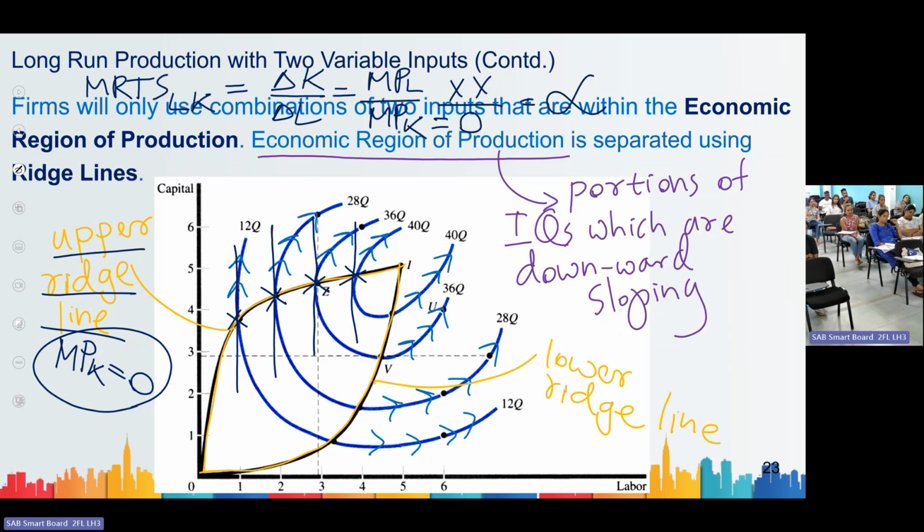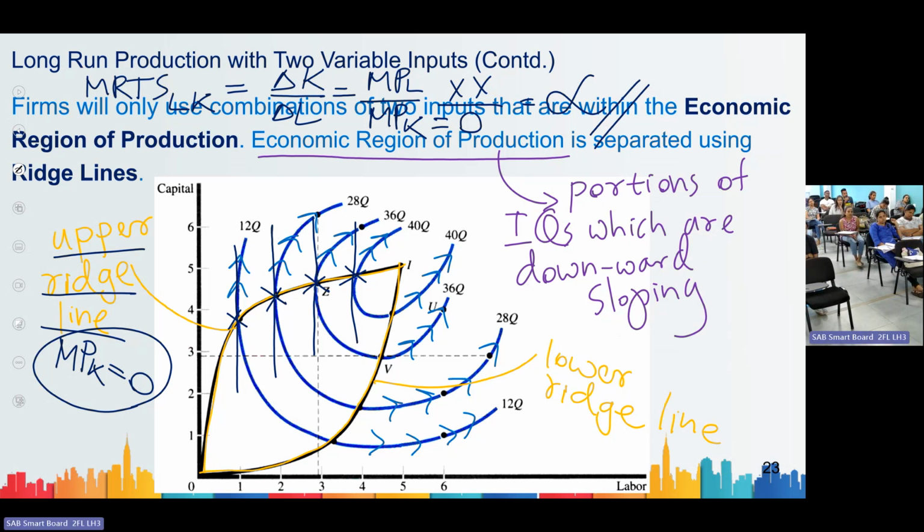In other words, we draw the upper ridge line where the slope of the isocline curve is infinite. The same thing in different ways. We draw the upper ridge line where MPK is 0. At those points, the slope of the isocline will be infinite.